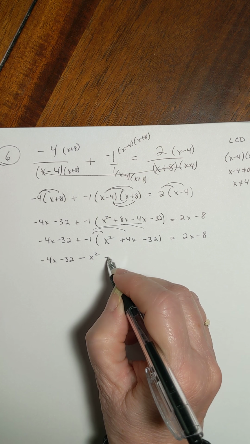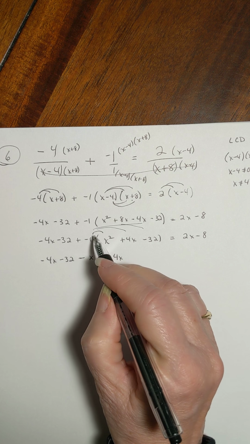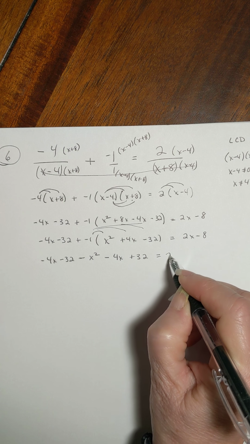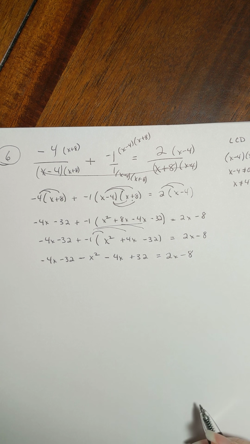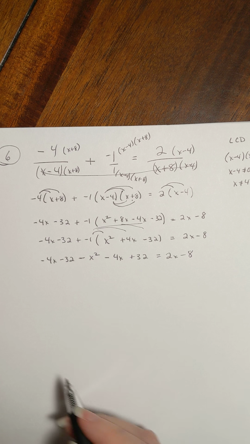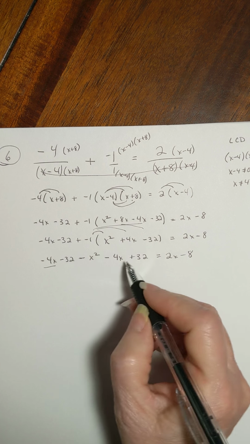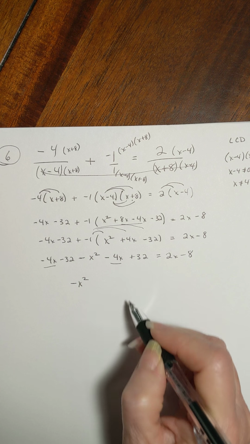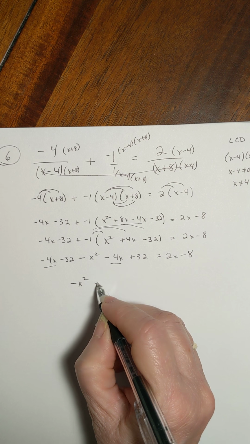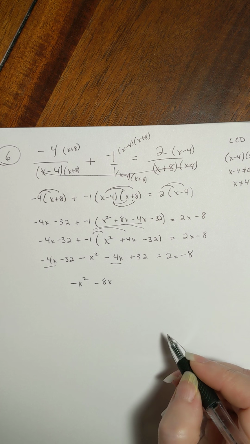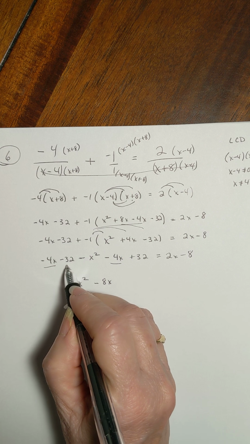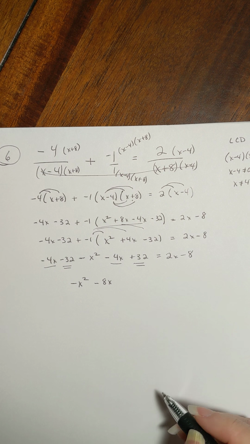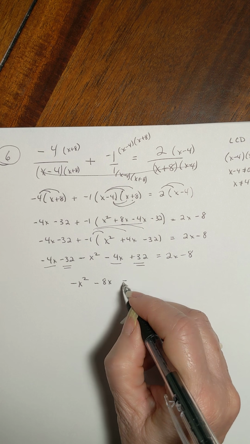Negative times positive is negative 4x. And negative times negative is plus 32. All right. So now let's combine my like terms. So first I'll have a negative x squared. Then I have negative 4x, and negative 4x gives me negative 8x. And then minus 32 here and plus 32 here cancel with each other.